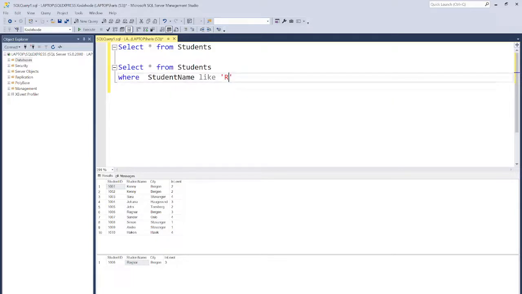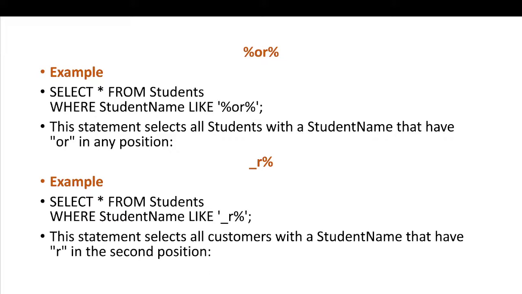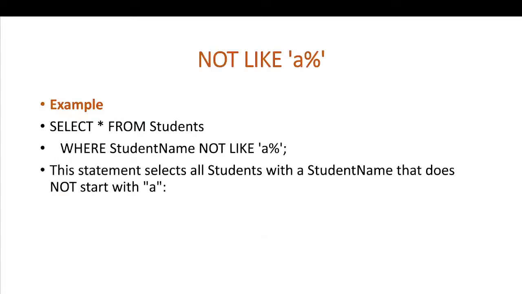So it keeps going on. I have given each and every example for each of these. You can try on your own with all these. I'll just continue with the next topic.